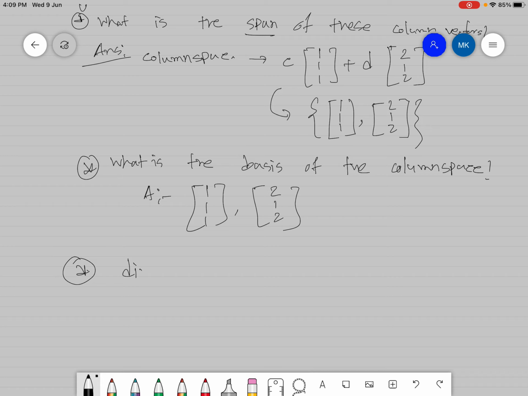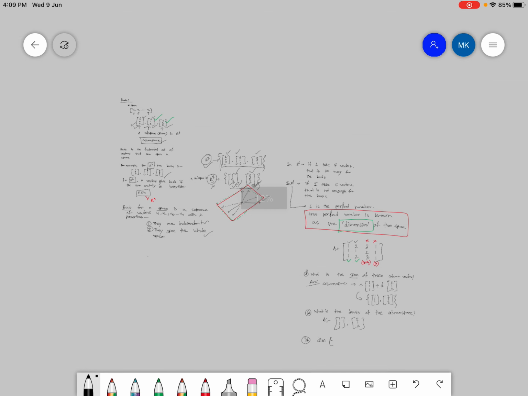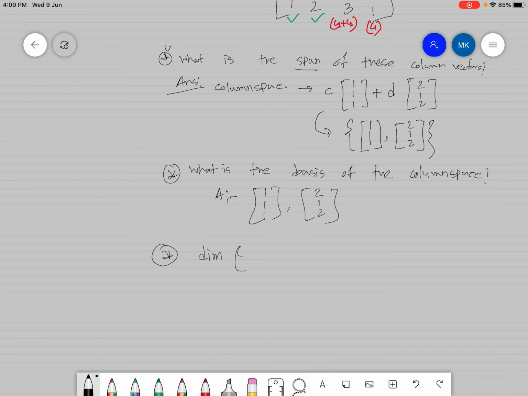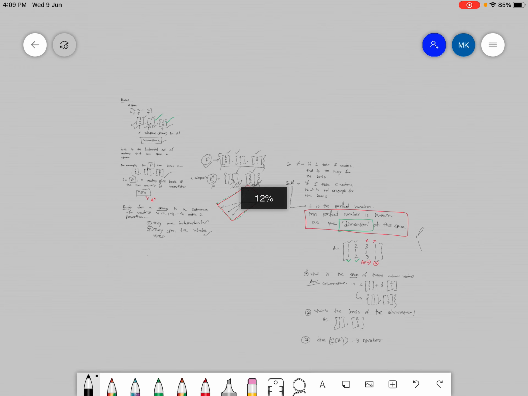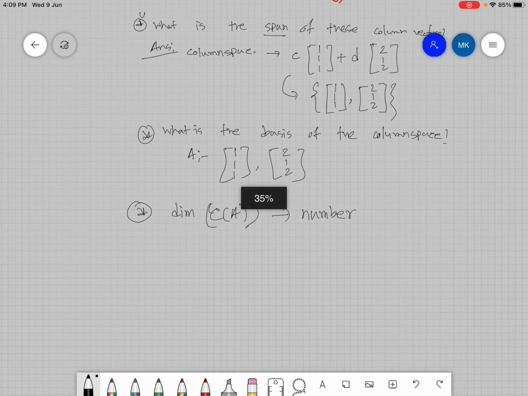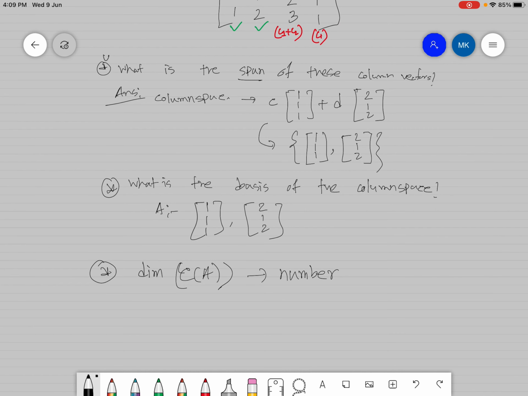So the dimension of the column space is basically, I think you already understood that, the number of independent columns.